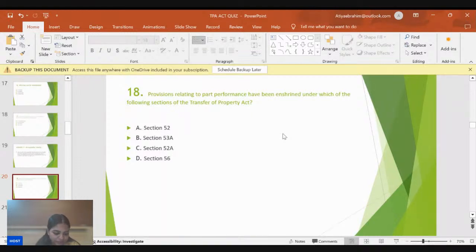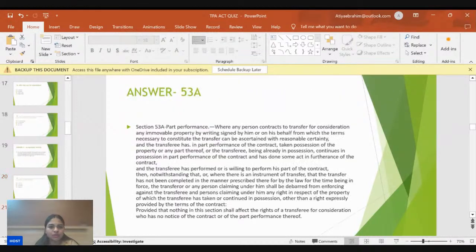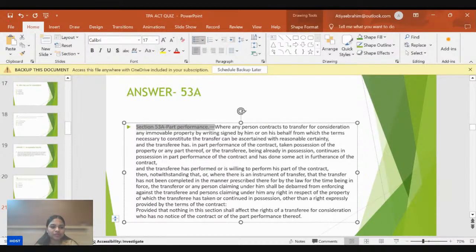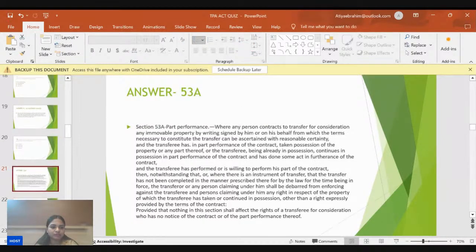For question number 18, the answer is B. Writing it to remove confusion. For 17, it is A. And for 18, it is B. Right. For 18, section 53A talks about part performance. Doctrine of part performance is said in section 53A.